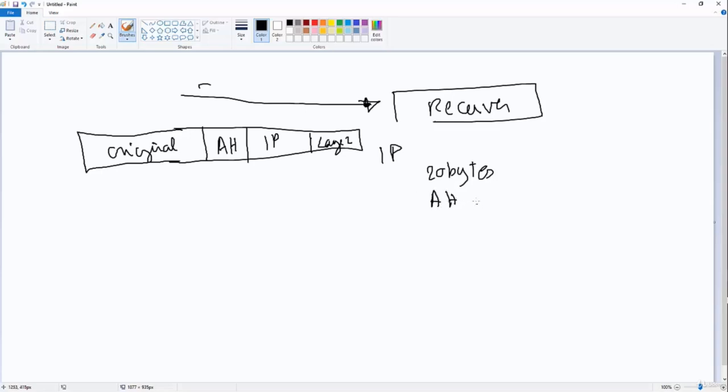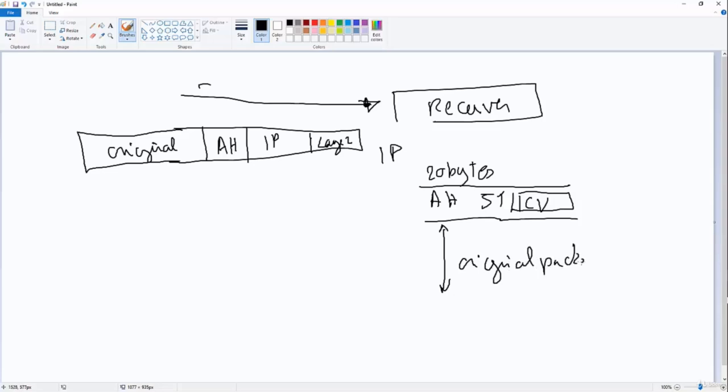And inside this, the source and destination of the gateway, and it's going to specify that the next protocol is AH, which is protocol 51. And the receiver would know that the next header is 51. So the receiver is going to parse what's after the 20 bytes to be the authentication header. Inside the authentication header there is the ICV. And then after the authentication header, you have the original packet.